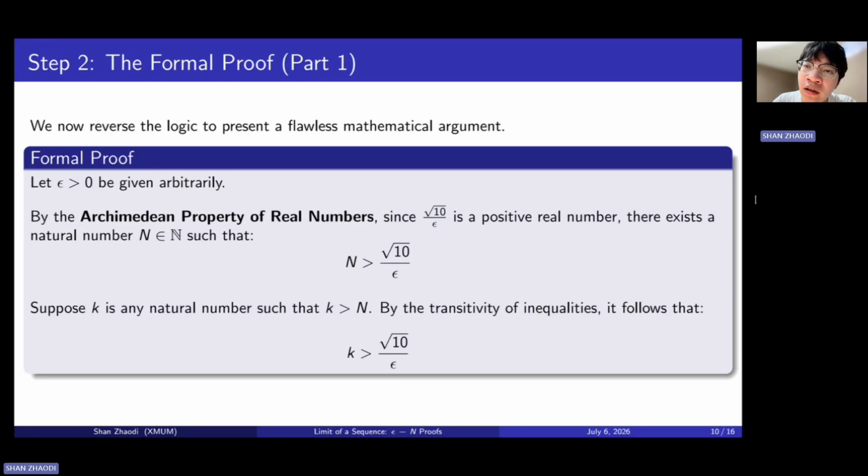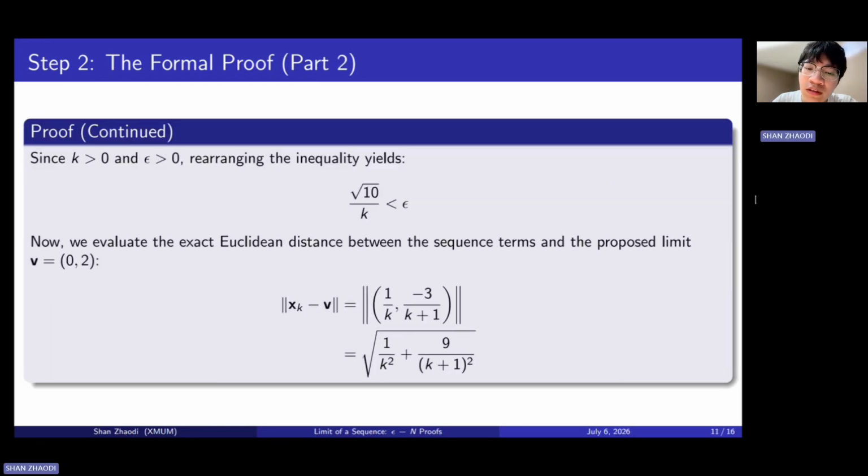Suppose k is any natural number greater than N. By transitivity, k is also greater than the square root of 10 over epsilon. Rearranging this inequality, we establish that the square root of 10 over k is smaller than epsilon.